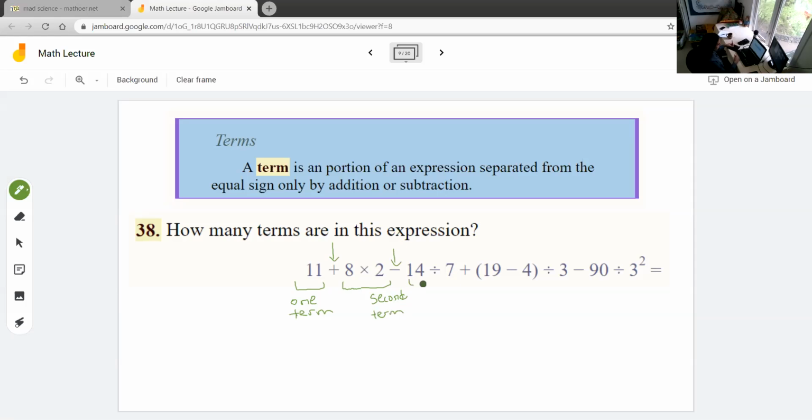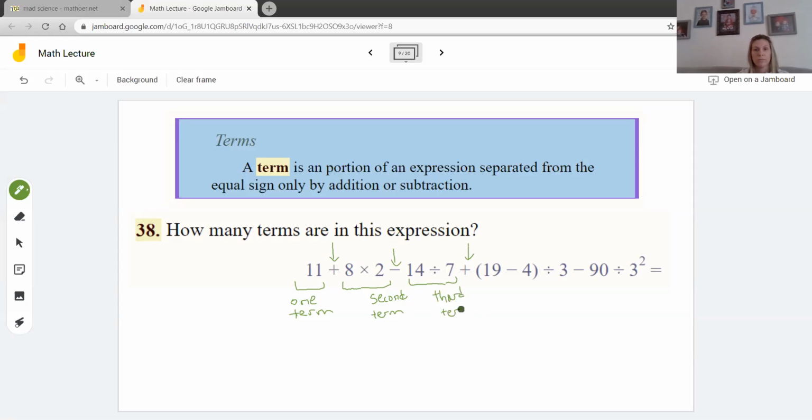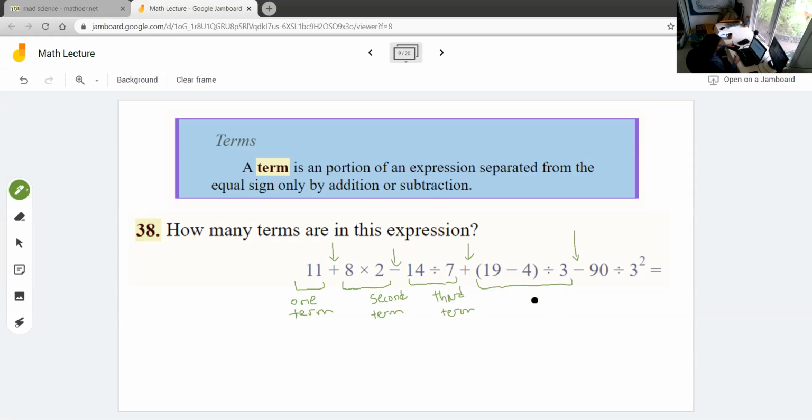Okay, third term. Divided by 7. After the 7, yeah. The fourth term goes all the way to that minus sign. This one is inside parentheses, so.